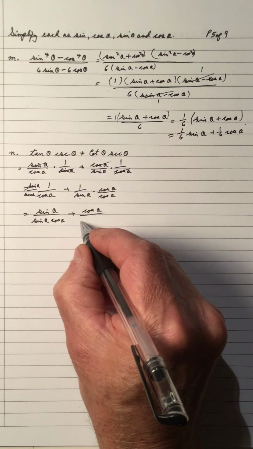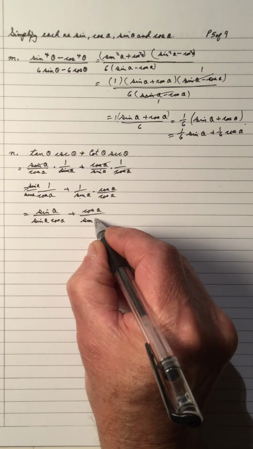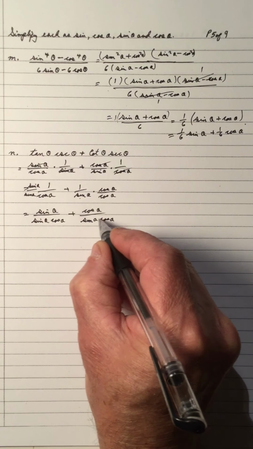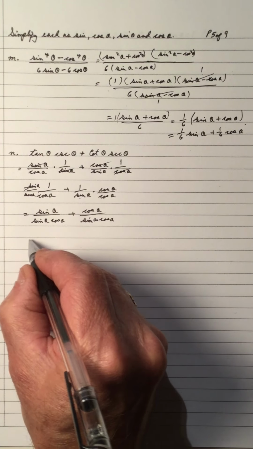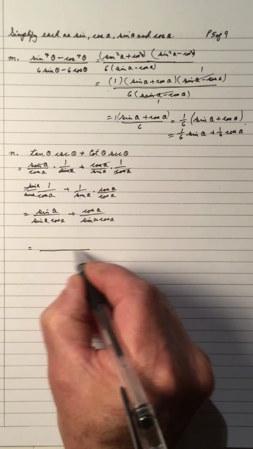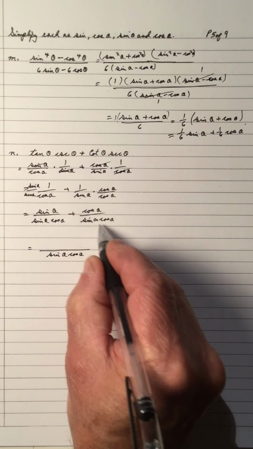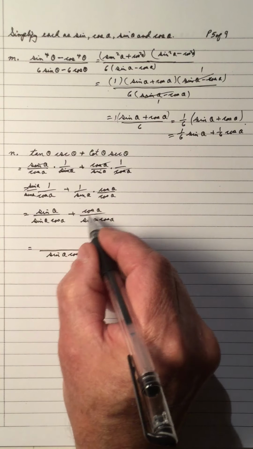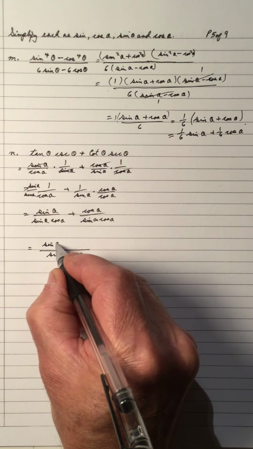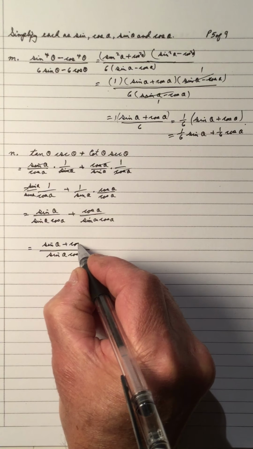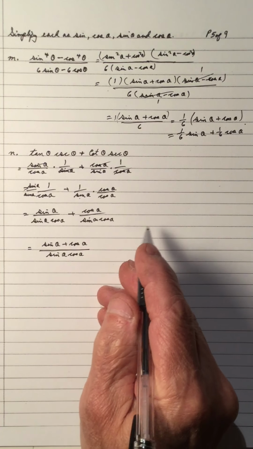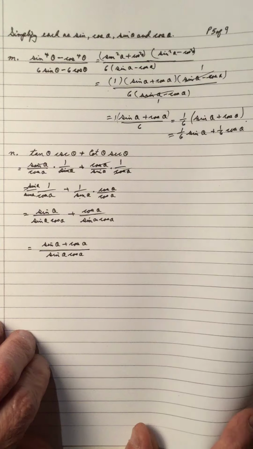And that's sine times cos. Just write it down. The two denominators are the same. So we have sine theta cos theta as the common denominator. And sine plus cos, we can't add them, so we just write down the sine theta plus cos theta. And that's fully simplified.